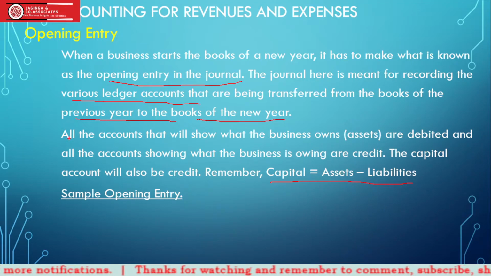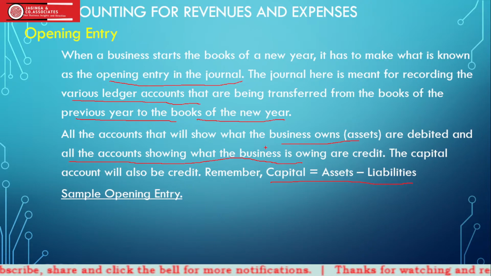So we are being told that all accounts that show what the business owns are debited, and all accounts showing what the business is owing are credited. So in simple language, we'll debit assets and we'll credit liabilities.